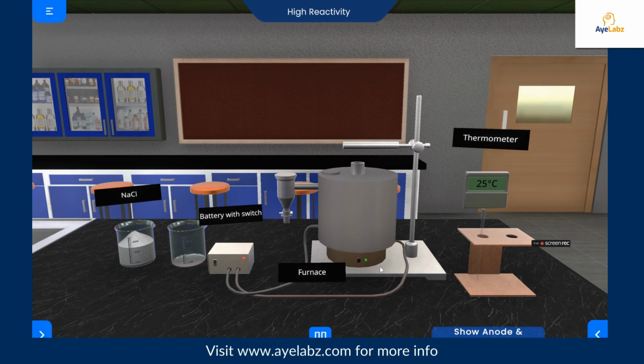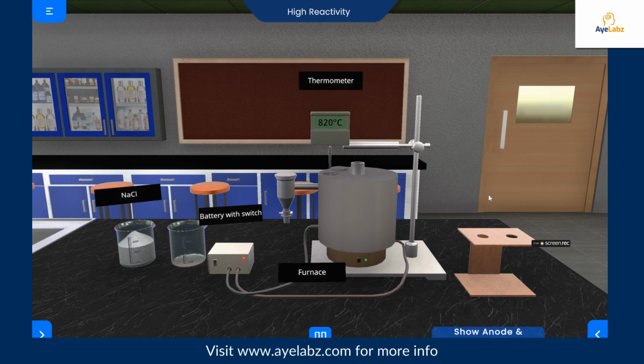Once it is getting melted, we are going to check the temperature of the furnace and see how much it is getting melted. For that, I am clicking on the thermometer to measure the temperature. It's 820 now.